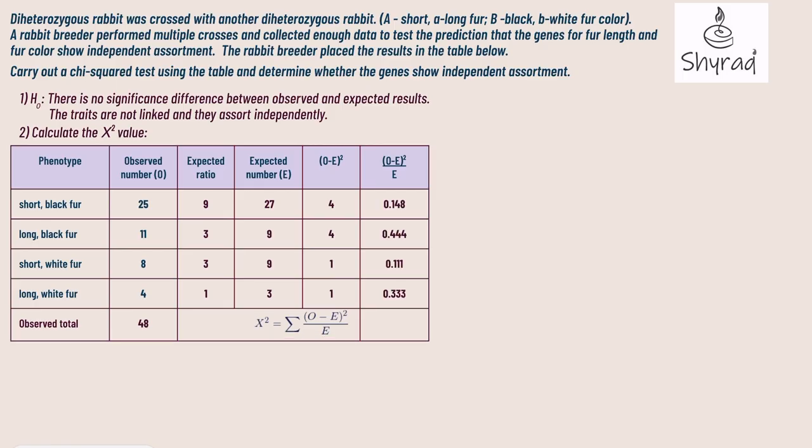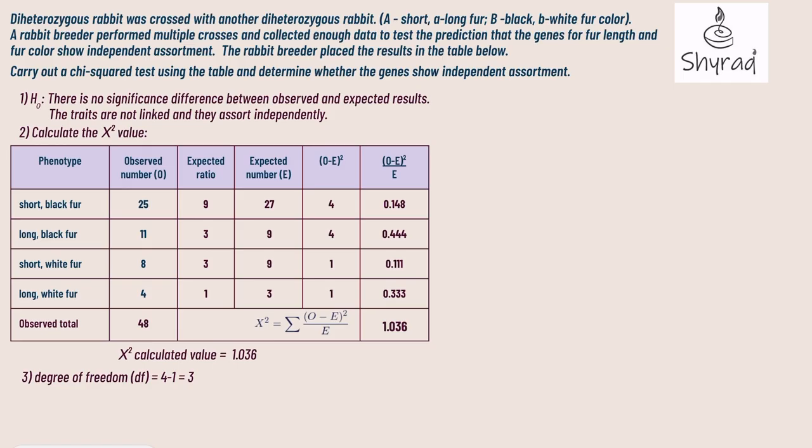Don't forget to sum up all the last column results to give a final chi-square value. So here, the chi-square calculated value turns out to be 1.036.